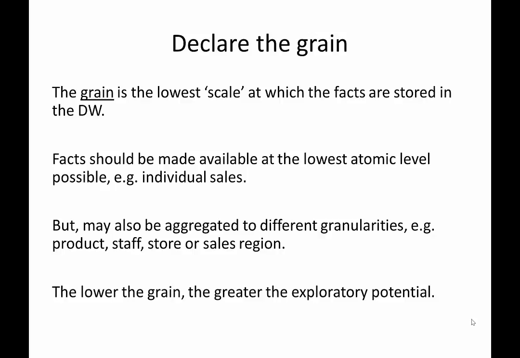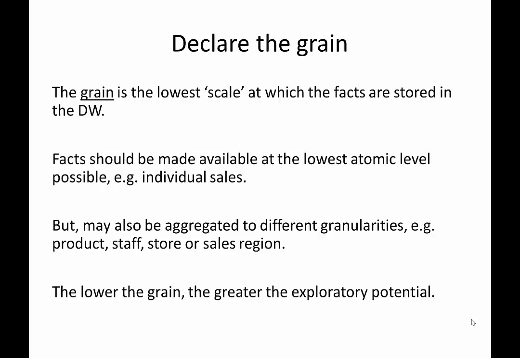General principle: the facts should be made available at the lowest level possible, which in a sales system should be individual sales. That's the overarching principle, but the reality is that we may aggregate to some kind of higher level. So we may also aggregate to different levels of granularity, such as the product level, store level, region level.